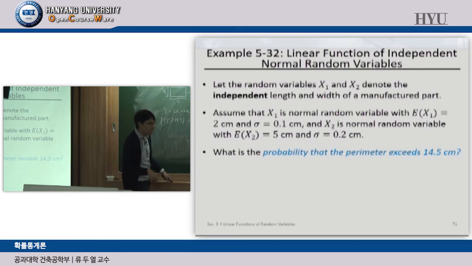Root 0.2, because this is the variance, and when we use the standardizing method, this should be root variance. If you calculate this with your scientific calculator, we obtain 1.12.